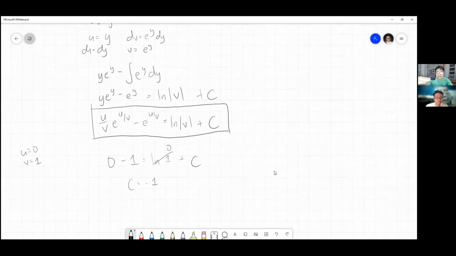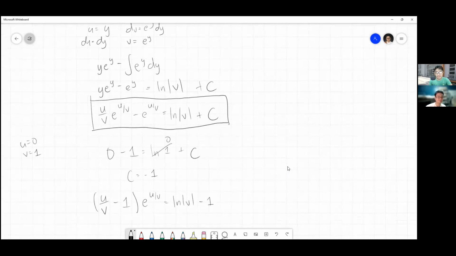So yung solution natin would be u over v e to the u over v. Kung medyo tamad kayo, i-group natin siya, -1, ganyan. e to the u over v equals ln v minus 1. Ayan. So, ito yung ating solution for that differential equation.